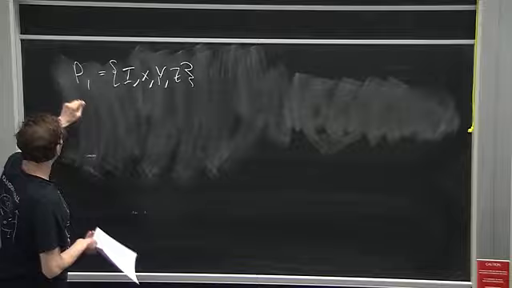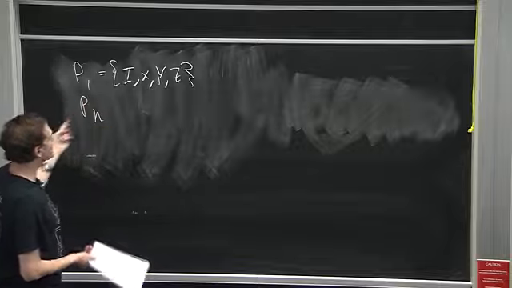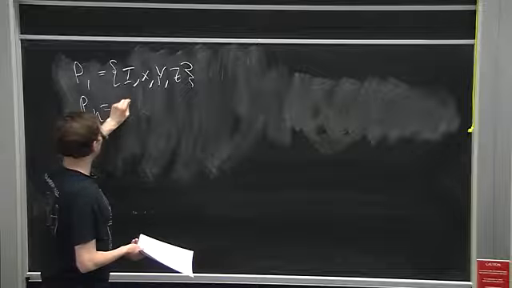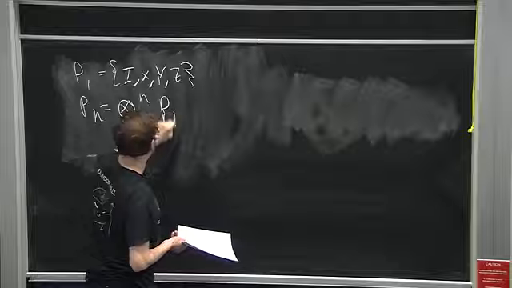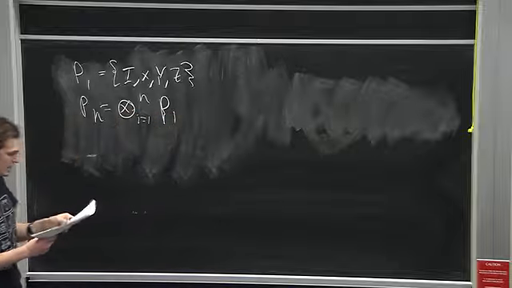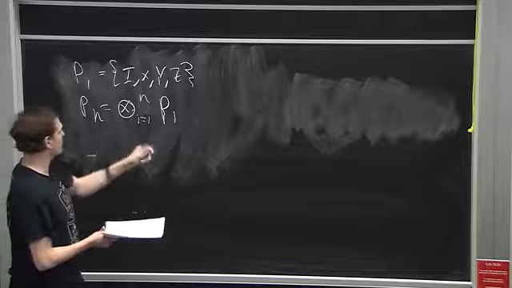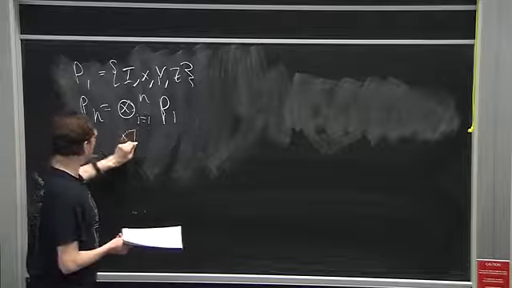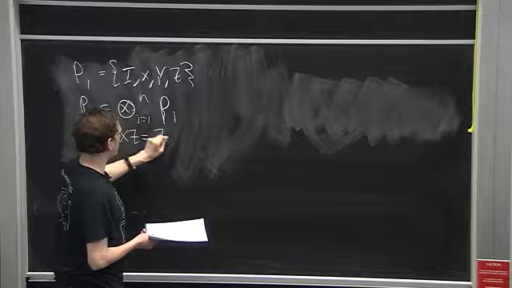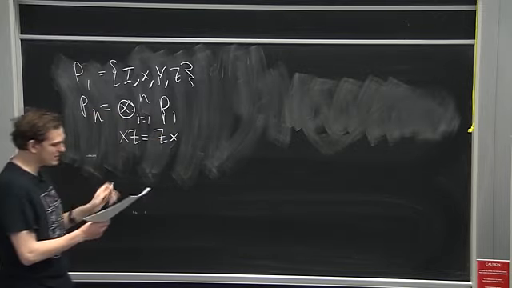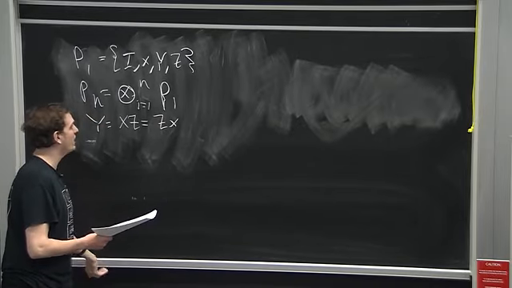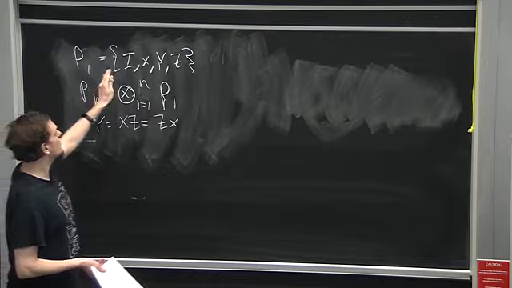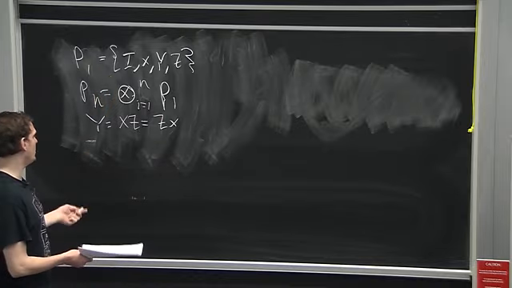Then an n-qubit Pauli is defined as the tensor product of n Paulis on one qubit. Because we're ignoring phase, X times Z is like Z times X. They're basically the same thing. And so this incites us to create an isomorphism between the Paulis and two n-bit numbers.